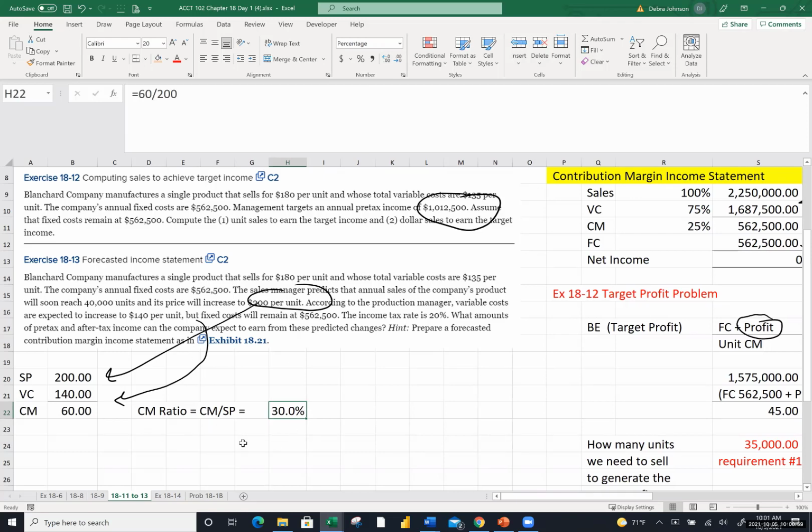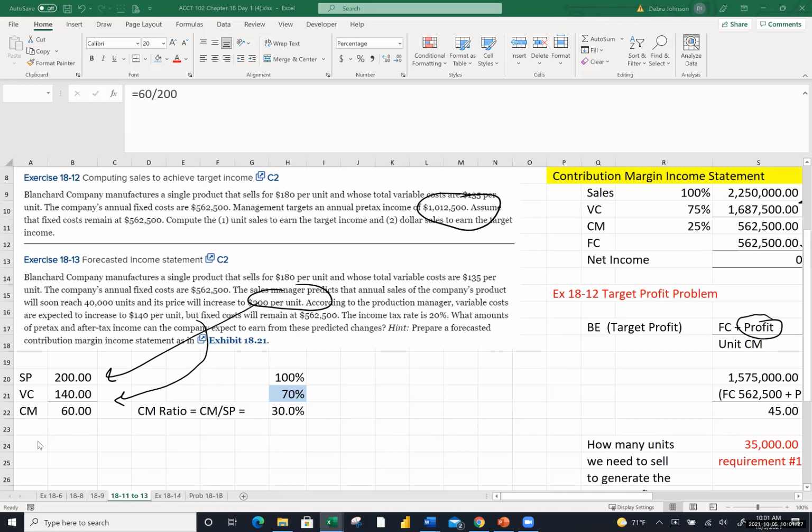So what can I tell from that 30%? If my sales price is always 100%, I can tell you indirectly that your variable costs are 70%. That's going to help me do this forecasted income statement. So let me stop for a second. See if you guys have any questions.